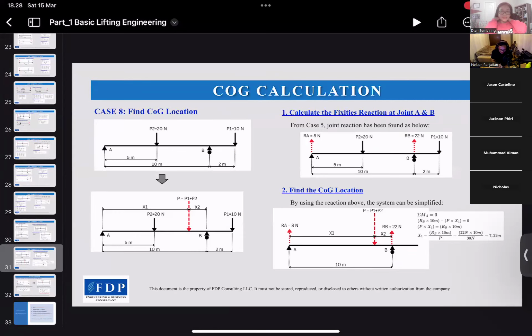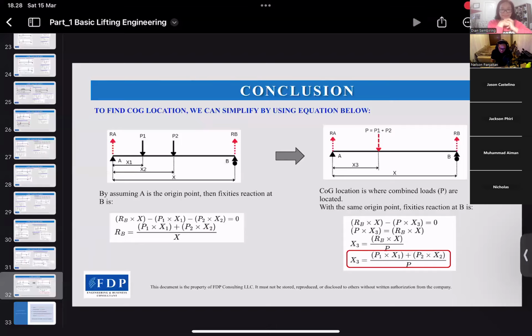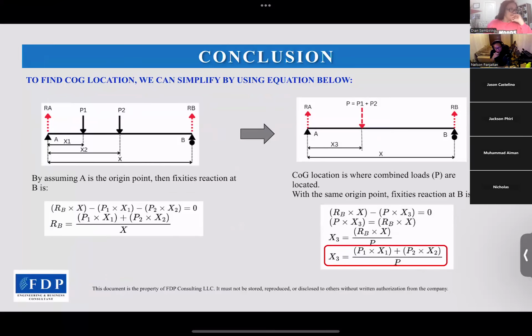For P1, P2, P3, imagine P3 is heavier and P2 is less heavy, then the COG will be more on the B side. So it does not matter like that. This formula will lead to that conclusion.